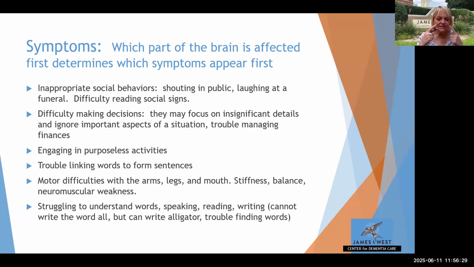Sometimes we think, well, they just can't speak, but they can understand. But sometimes they can't understand. It's not just that they're losing the ability to say the words, they're losing the ability to understand the words. Now, there's a type where they can still understand, but they can't speak. We're going to talk about that one.